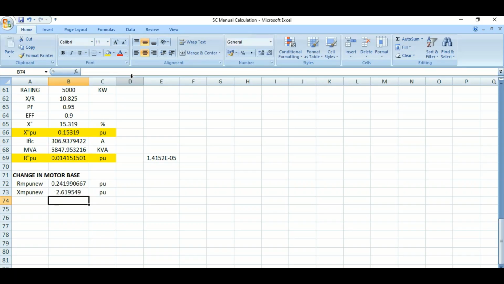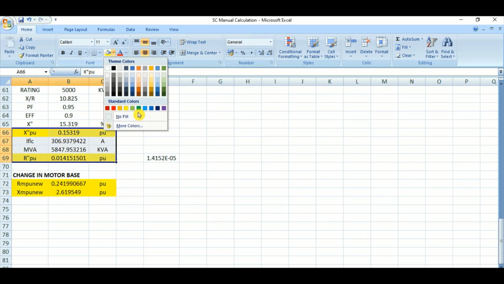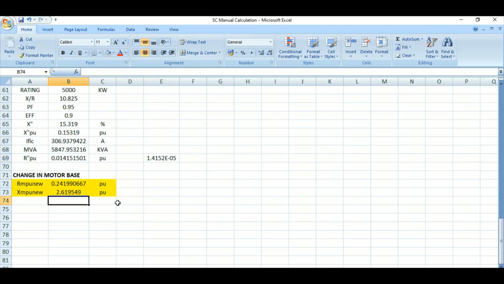So 2.61 per unit. This is in yellow. So this is now corrected, changed to motor base.